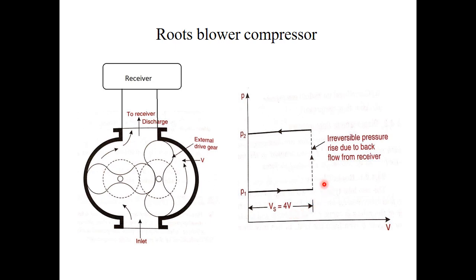So Vs equal to 4V, which means it requires 4 revolutions to increase the pressure from P1 to P2, the delivery pressure, due to the backflow from the receiver. This irreversible pressure rise due to backflow we will see in the next few slides.